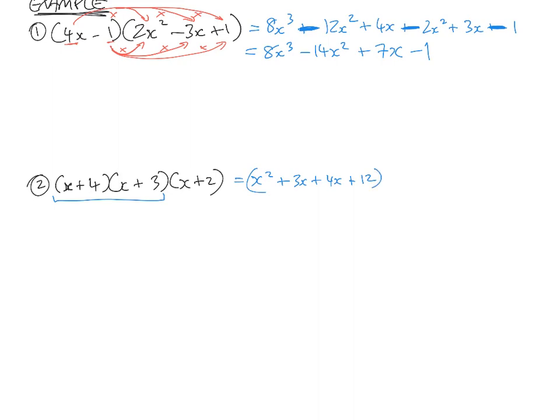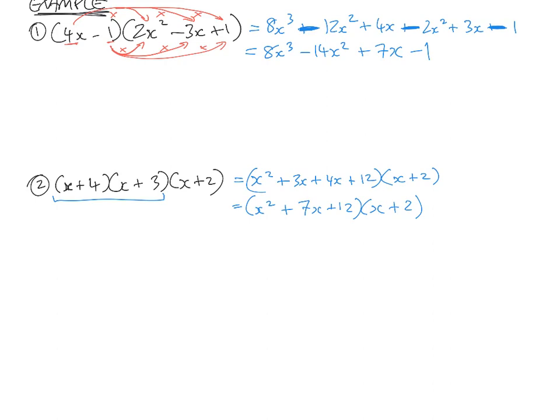So that is the result of the first two brackets times together, and we haven't done anything with the x plus 2, so just leave it. Now we'll collect like terms, x squared plus 7x plus 12 times x plus 2, and now we have come to the same situation as this. We need to go back to distributive law because there's no shortcuts when there's more than two terms in the brackets.